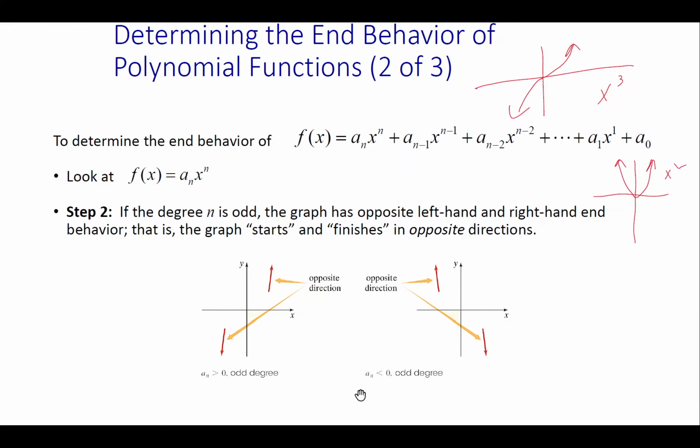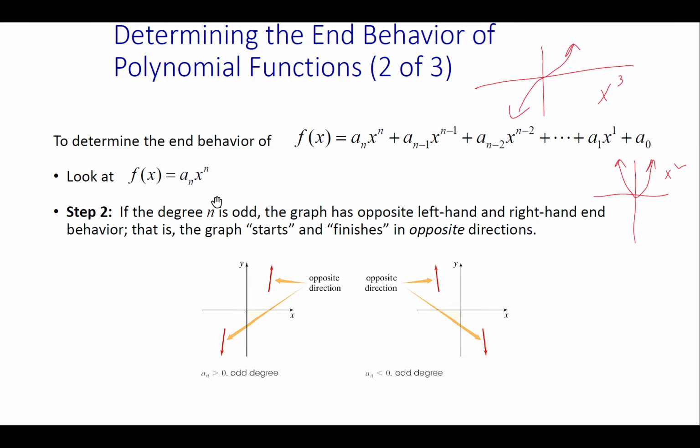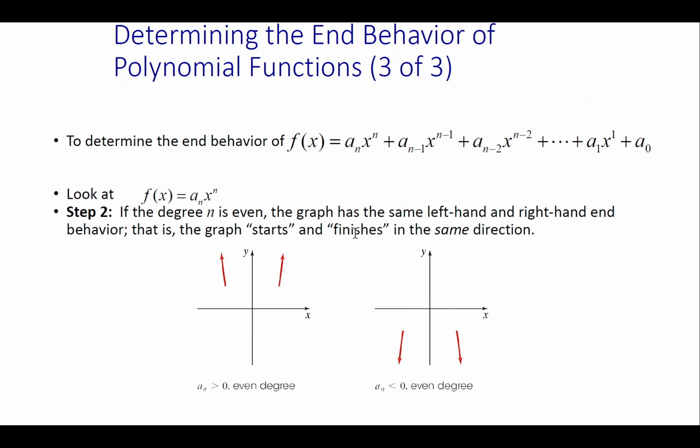So after finding the information about the coefficient, you will be able to tell whether it goes up or down on one side. And then by looking at the value of n, if it's odd, this should be opposite. If it's even, this would be the same direction. And that depends on whether a_n is positive or negative.